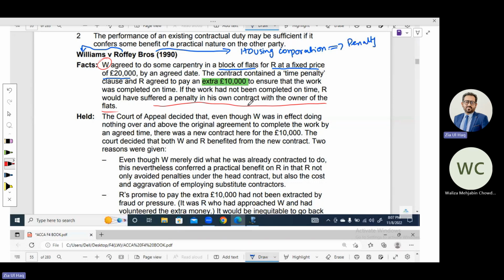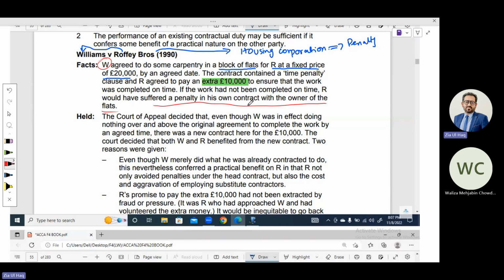He avoided the penalty that he might have had to pay to the customer. So the workers are entitled to receive that 10,000 extra because due to their normal work, R got something extra. I mean, he avoided the penalty from his customer.